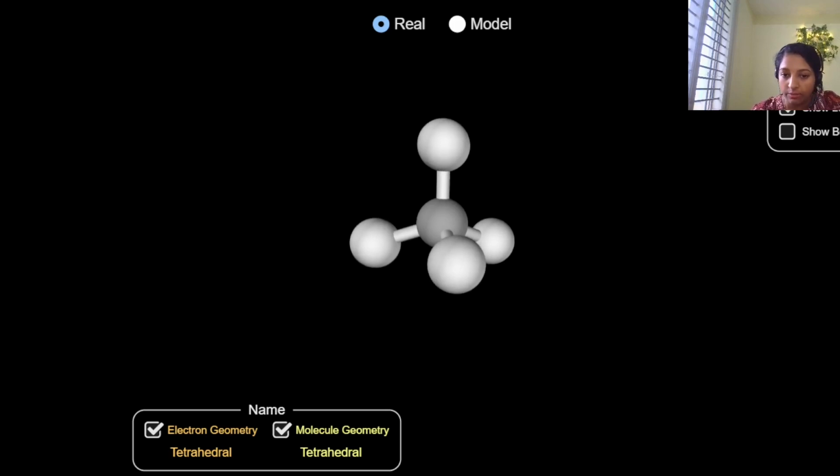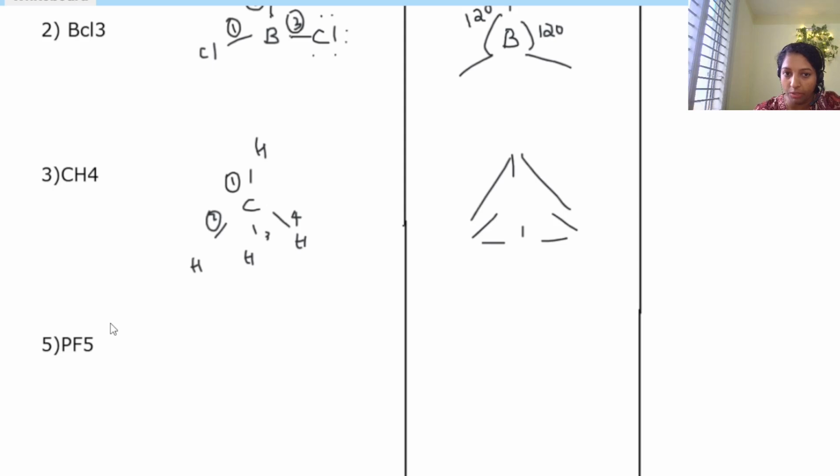So that's it. Then PF5. What about the PF5? Maybe you already imagined, PF5 means phosphorus has 5 valence electrons. So 5 fluorine atoms are there. So with 5, the whole shape is trigonal bipyramidal, which means a triangle base will be there, and in the center you can see phosphorus, and top and bottom there are 2 more fluorine atoms.